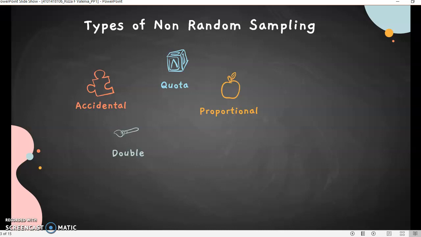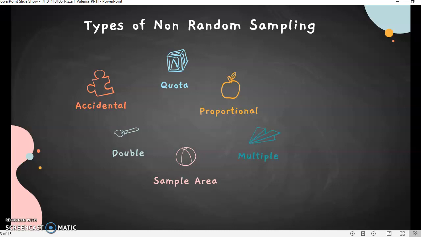Double sampling. This sampling technique is used to avoid shortage of questionnaires returned from a particular sampling unit. Sample area is a proportional sampling technique that is determined based on distribution area of the population under study.